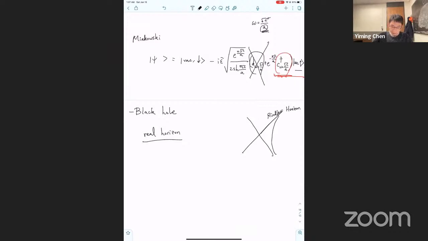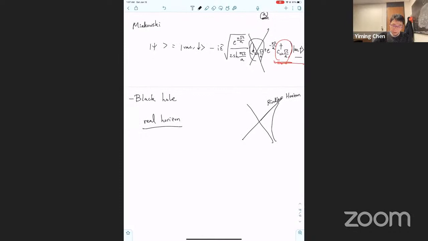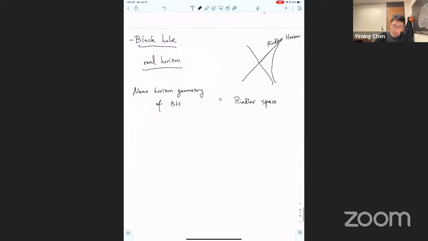So there is a more direct relation between the black hole and the Rindler space that I was mentioning earlier, which is that the near horizon geometry of a black hole is given by the Rindler space. So let us just walk this through if you did not check this fact before, but I think you have probably heard this in many places.